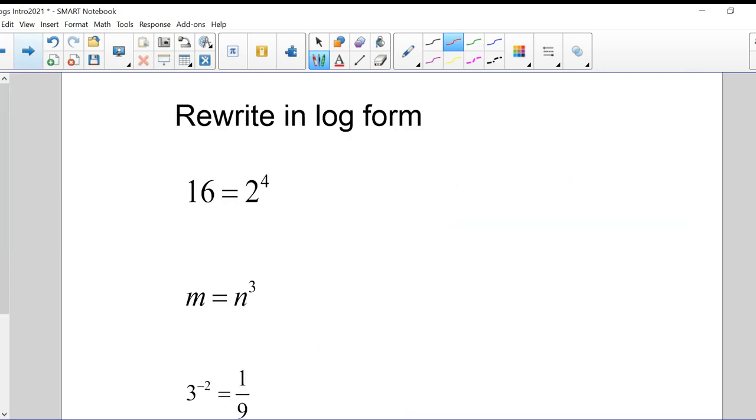Okay, let's keep this going. Let's rewrite this. Remember, 16 equals 2 to the power of 4. Again, that's a statement of fact. If I take 2 to the power of 4, 2 times 2 times 2 times 2, that would give me 16. So the question is, what is this in log form? In log form, that should be the log base 2 of 16, which is equal to 4.